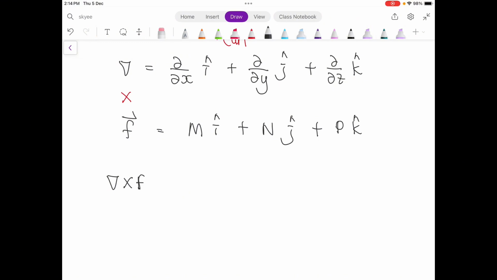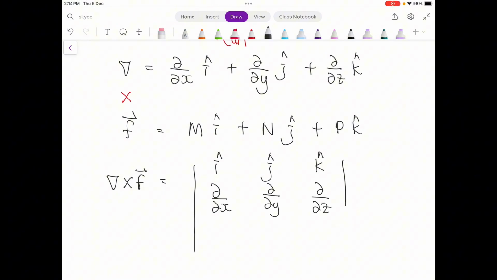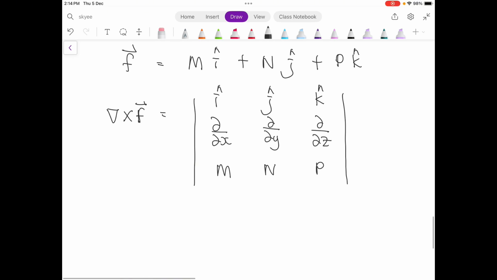You arrange them in a matrix. So you have del x, del y, del z, and then you will have the m, n, and p components, just like how you do the cross product of two vectors.